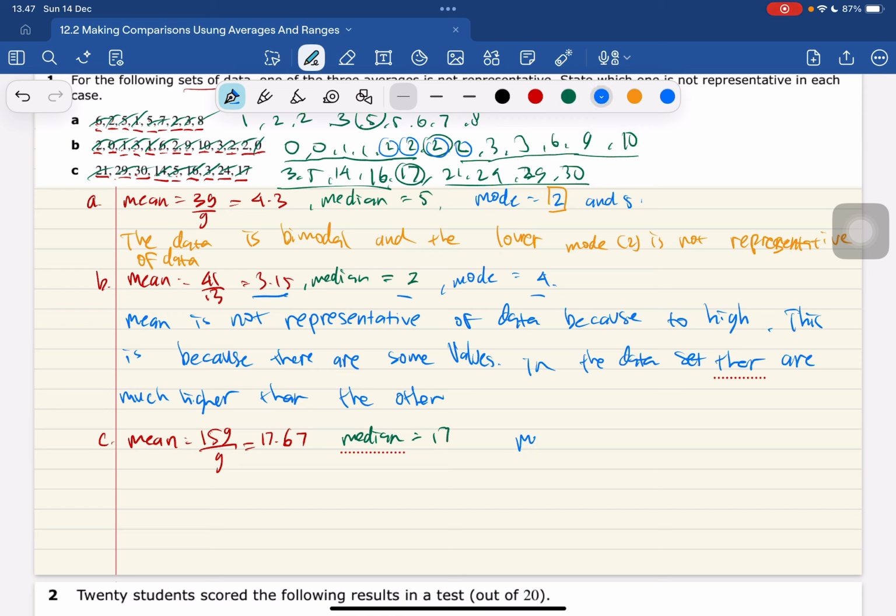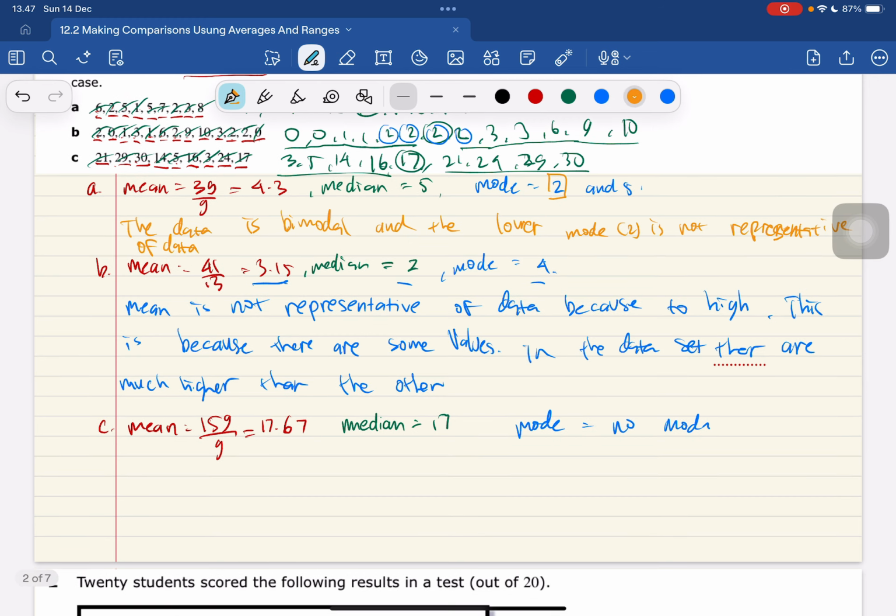How about the mode? No mode. Okay, there is no mode. All of them appear only once. So there is no mode, so this cannot be representative of the data.